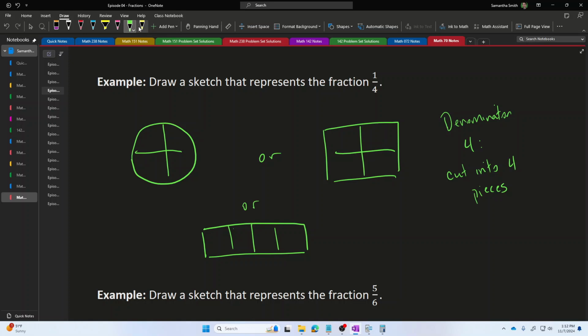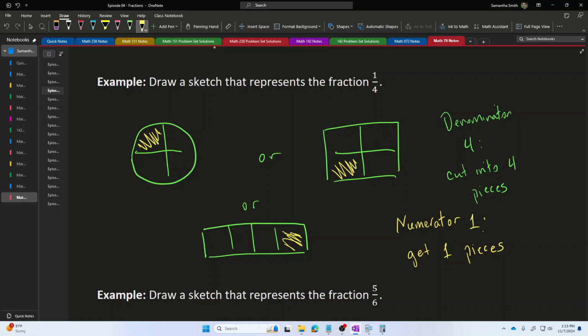The numerator is 1, so that tells me that of these 4 pieces, I get to take 1 piece. So I get one of these 4 pieces, or one of these 4 pieces, or one of these 4 pieces. I get 1 piece from that.